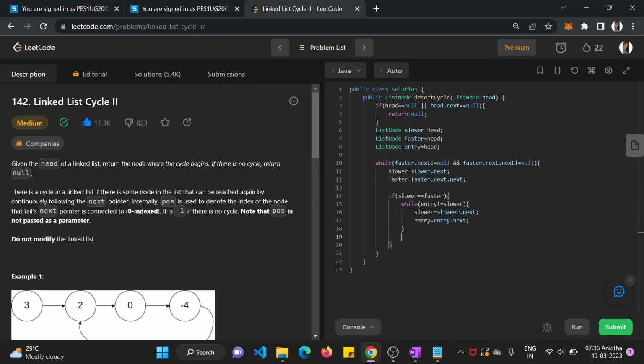After the loop you return entry. That's the point at which the cycle begins. If none of these cases happen, then you just need to return null. That means there is no cycle in the linked list.